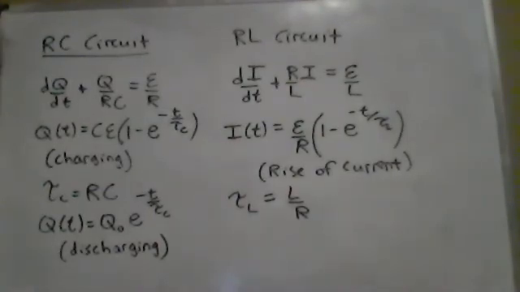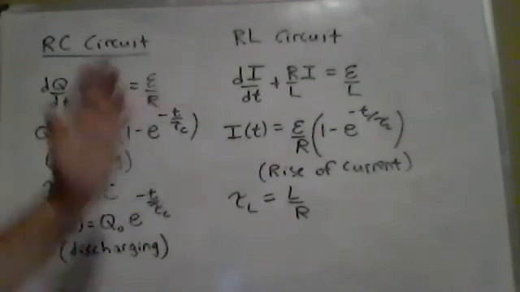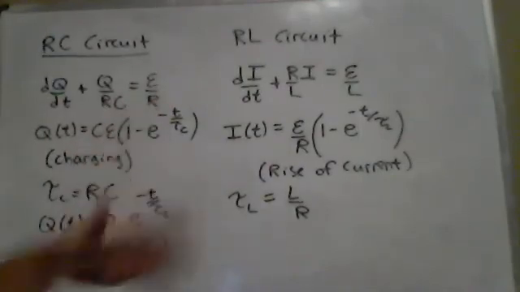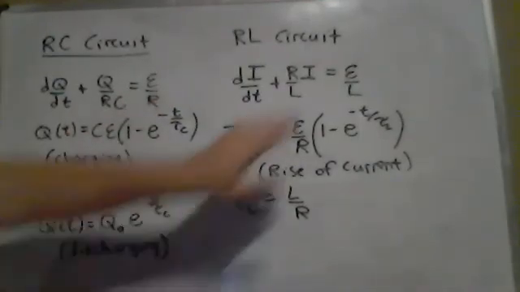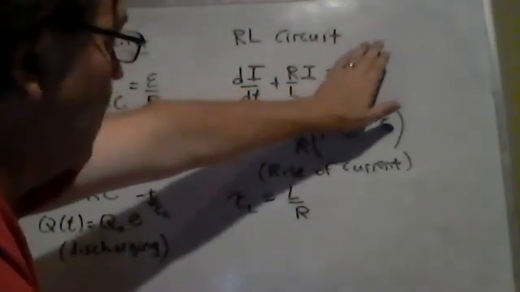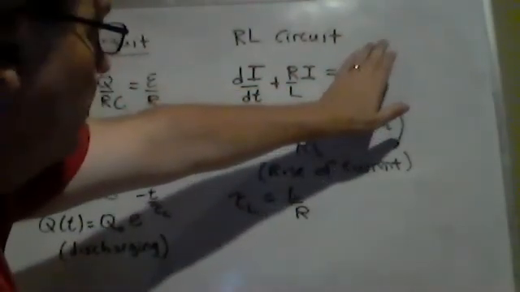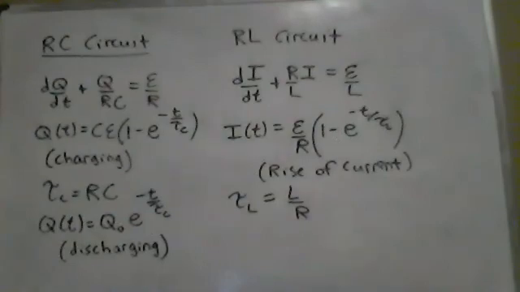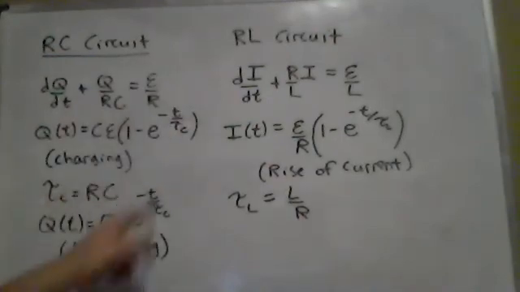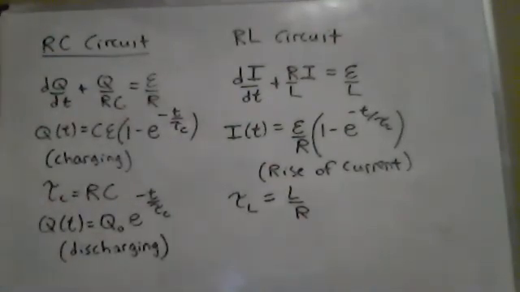Okay, and of course, there's a situation where I throw the switch to location B and cut out the battery. Essentially it's as if I took the battery out and made the right-hand side of this differential equation 0. Well, then I have a brand new differential equation. Given it's isomorphic, you'd expect it to look a lot like this, and indeed it does.